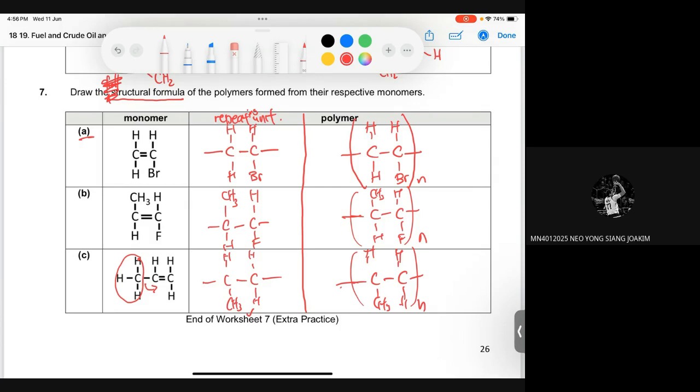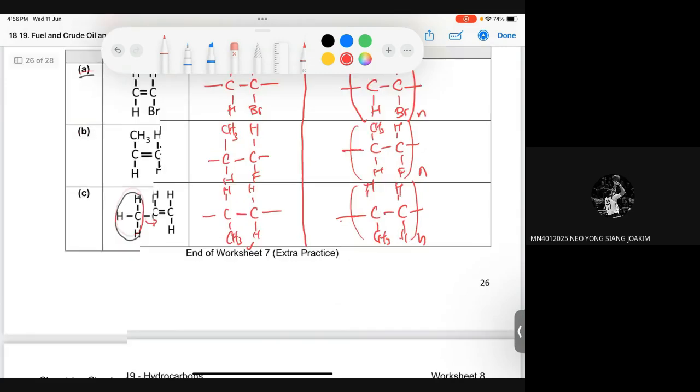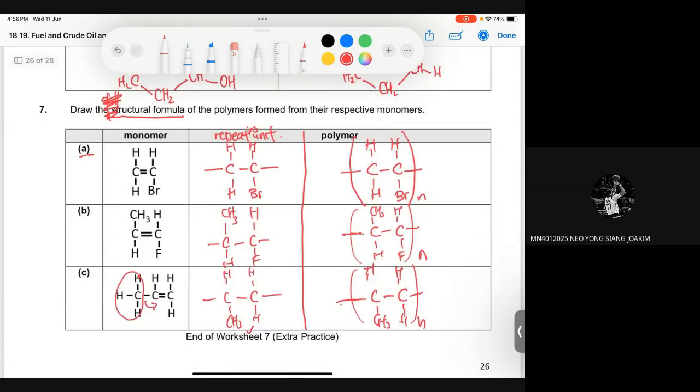Okay, so we are done with this worksheet here. That's good. So let's do the next part now. Let's scroll down. Oh, sorry, let's pause here. Any questions for this particular part over here? Simple enough? All okay?